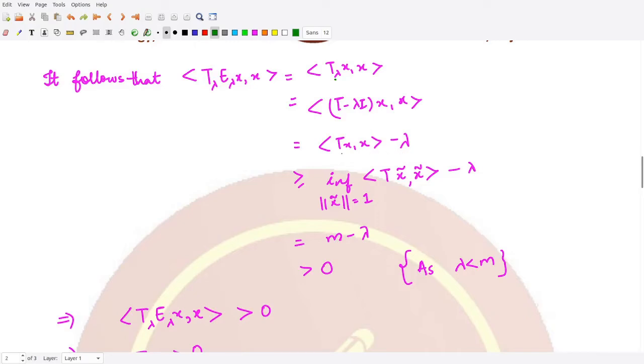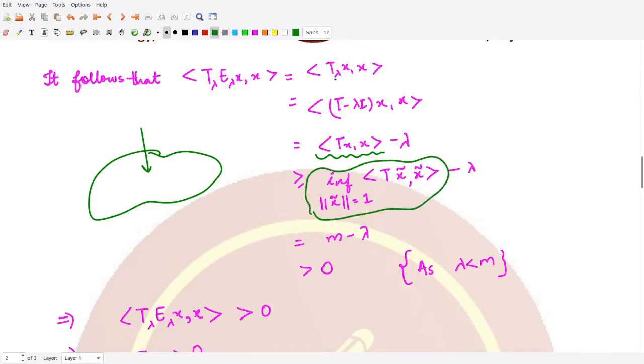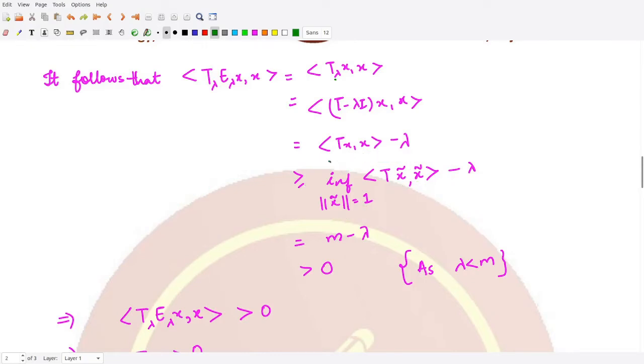And obviously it is one such inner product. If you take a certain random inner product out of all the inner products, it would obviously be greater than or equal to the least among them, which is the infimum of all the inner products such that the norm of x is equal to 1. And in this case we are assuming the norm of x to be equal to 1 only. So obviously this quantity is greater than or equal to the infimum.